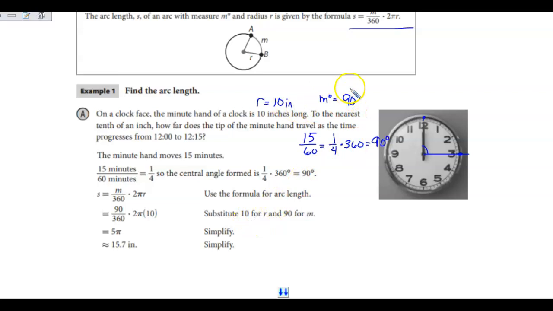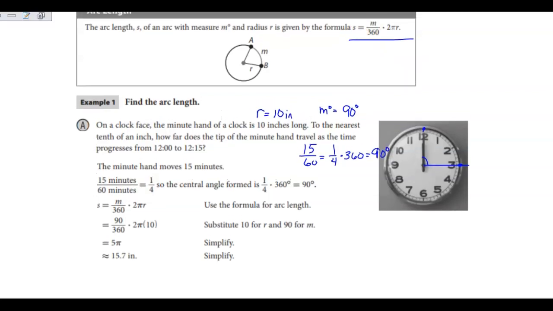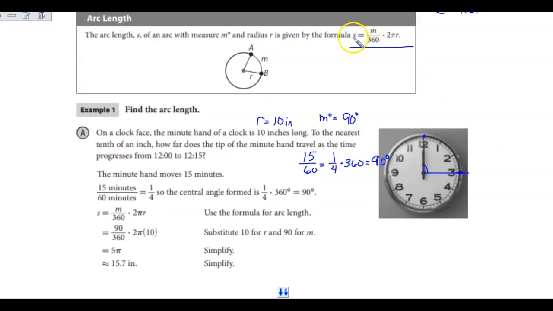Now that we've discovered it, we can use that in our formula up here. That is the measure of the arc is the measure of the degree of the angle over 360 times 2 times pi times radius. And we've identified our radius and we've identified our central angle.